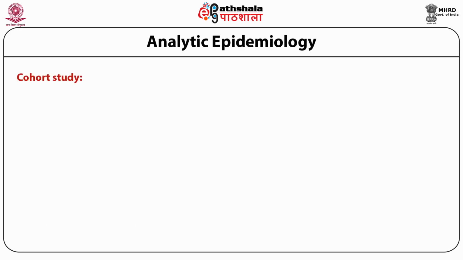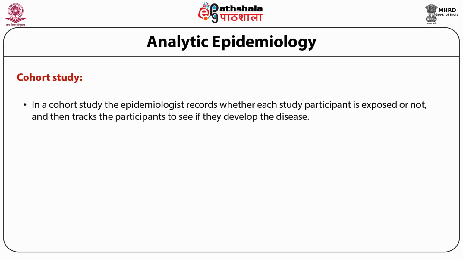Cohort study. In a cohort study, the epidemiologist records whether each study participant is exposed or not, and then tracks the participants to see if they develop the disease. It differs from an experimental study because the investigator observes rather than determines the participants' exposure status.